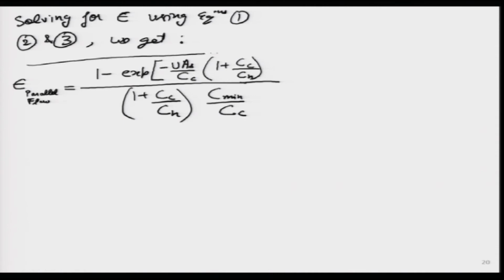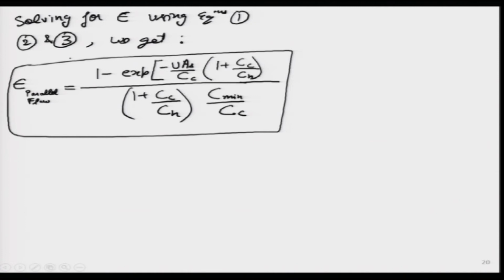Is it a simple equation or a little bit tedious one? Right now it appears a little bit tough, but I assure you the student will simplify it very easily.